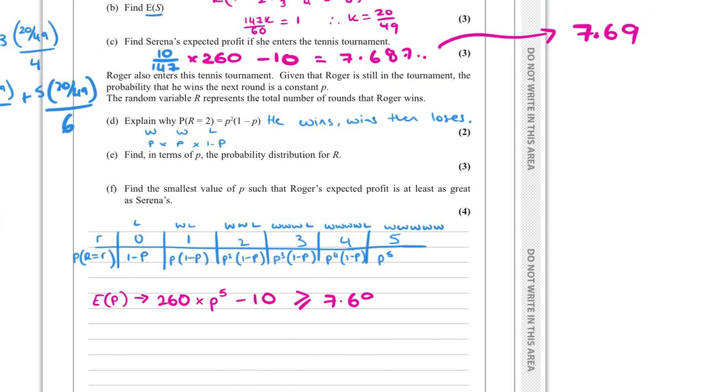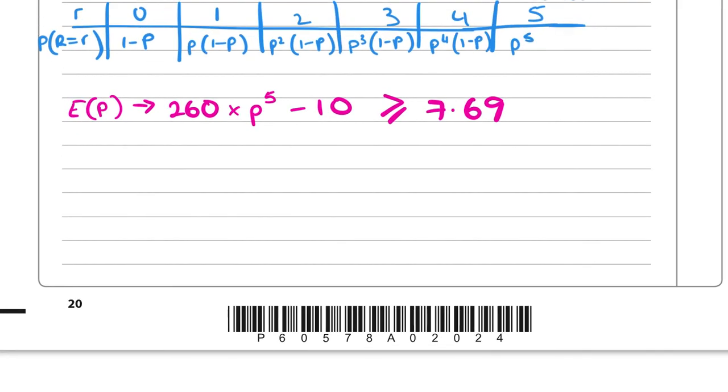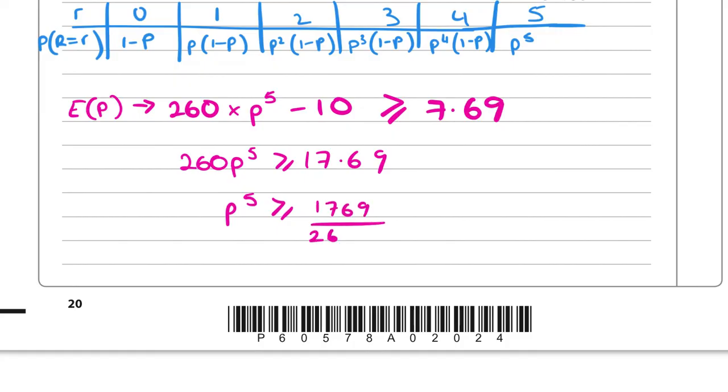7.69. Now, if you got question C wrong, in the mark scheme, you get method marks for whatever you have. Okay. So what are we going to do? Add 10 to both sides. Okay, 17.69. Divide both sides by 260. And then fifth root it.